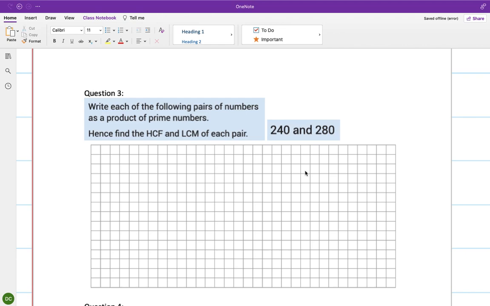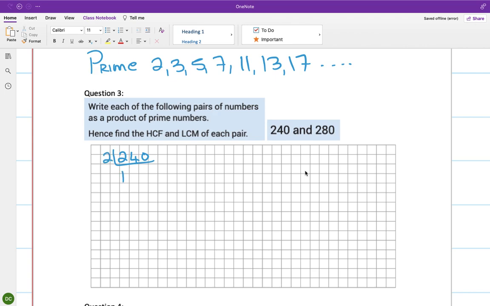So the prime numbers are 2, 3, 5, 7, 11, 13, 17, etc. We take 240 and we're going to start with the 2, which gives 120. 2 gives 60, 2 gives 30, 2 gives 15, 3 gives 5, and 5 gives 1.